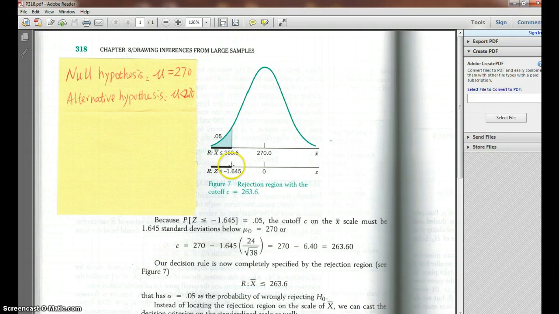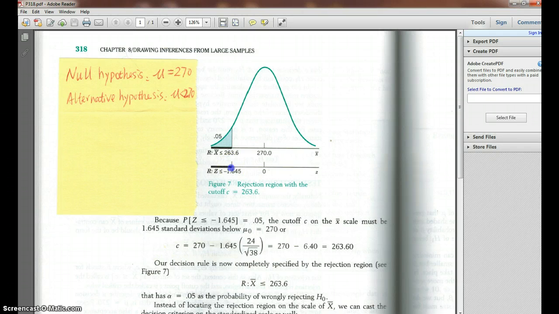For what kind of z value will we have the area under the curve equal to 0.05, or probability of 5%? We go into the table, find 0.05, and then find the corresponding z-value. We know it's negative 1.645. So it's this z-value right here.